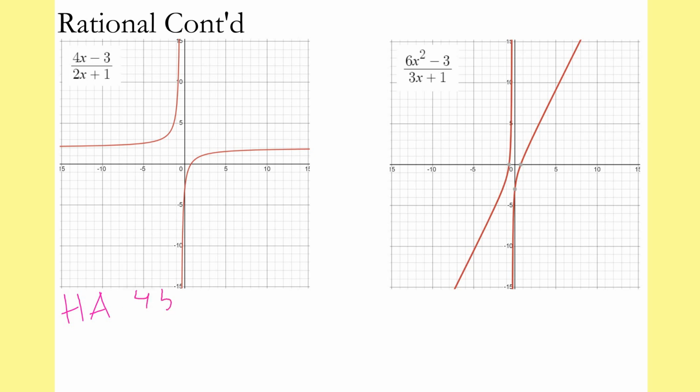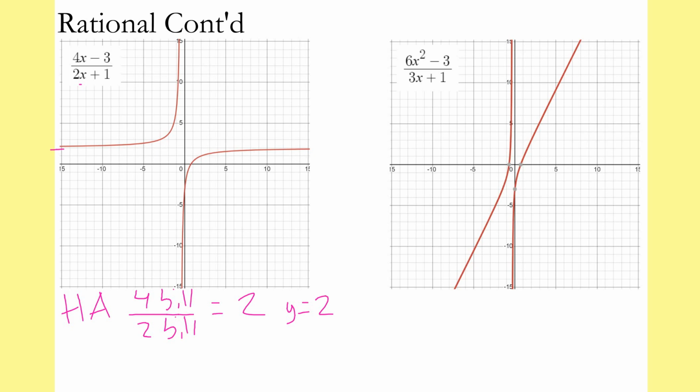That's pretty much 4 billion, because if I have $4 billion and I lose $3, I'm still calling myself a billionaire, right? Then on the denominator, you have 2 times 1 billion plus 1. So essentially 2 billion. So that's 4 billion divided by 2 billion. That's just 2. So my horizontal asymptote is y equals 2.